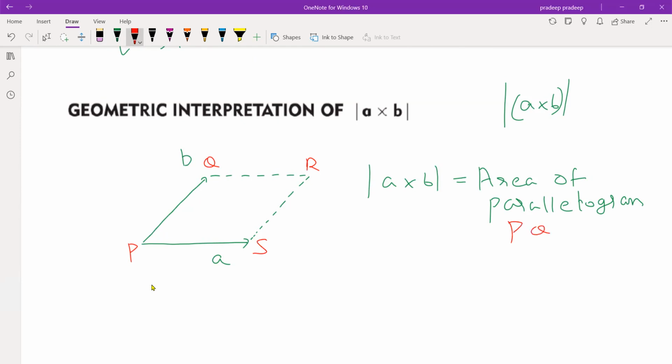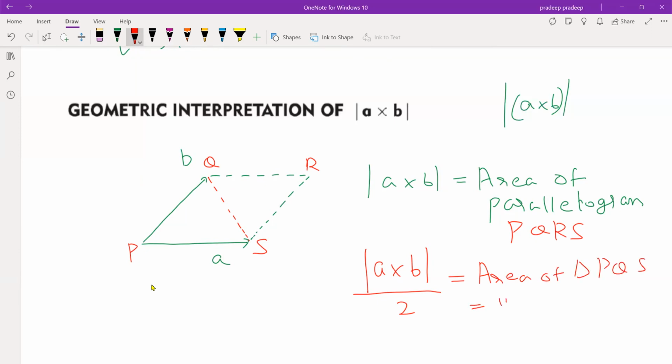So this parallelogram PQRS area will be equal to the magnitude of A cross B. Similarly, if I do mod A cross B and divide that by 2, this is equal to half of the parallelogram. And half of the parallelogram is just the triangle. So this will be equal to the area of triangle PQS, which is also equal to the area of triangle QRS. Right, so this is the geometrical interpretation. Please write down this one.